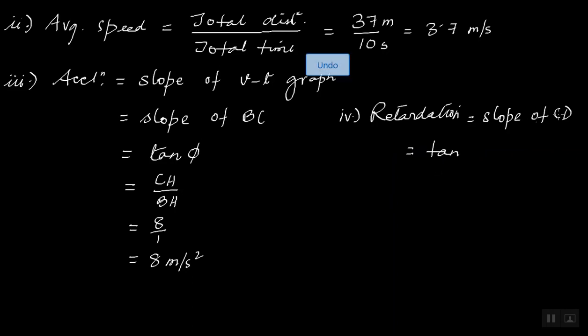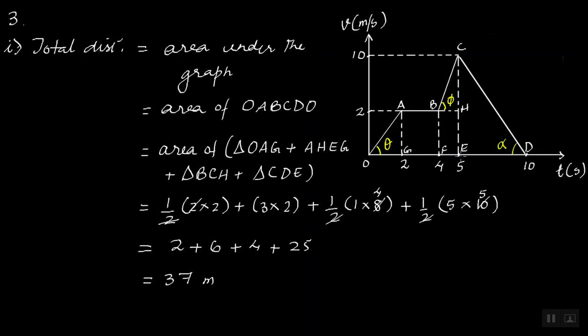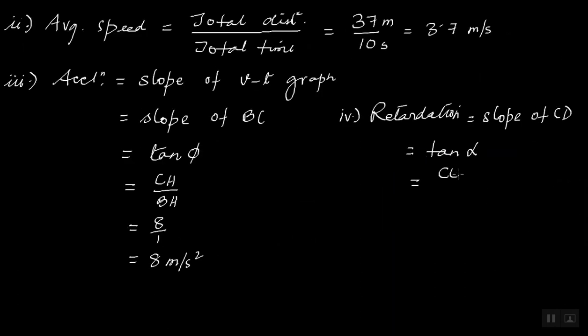Again, let me write with a white pen just to maintain the uniformity. So tan of angle is what? Perpendicular by base. That means CE by ED. And because it is retardation, we have to put a minus sign.